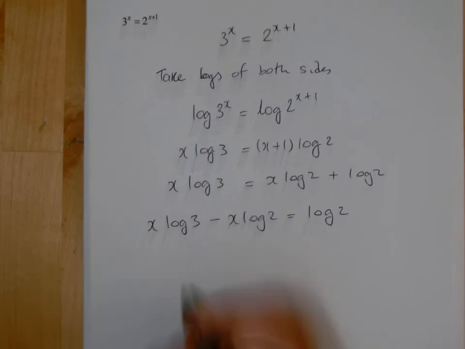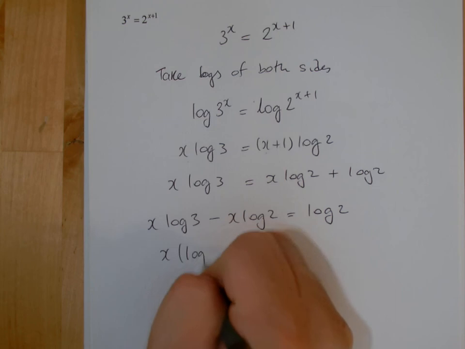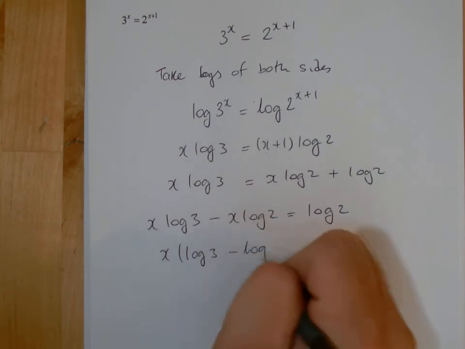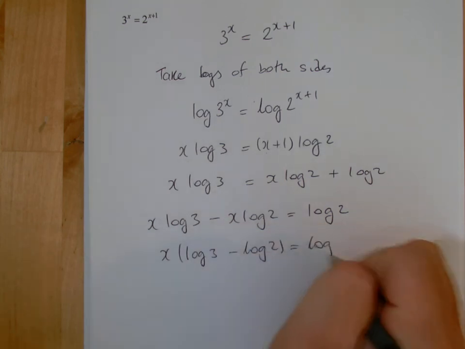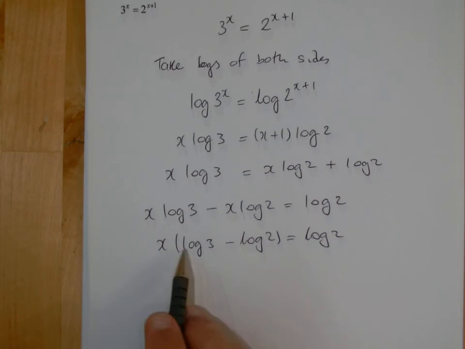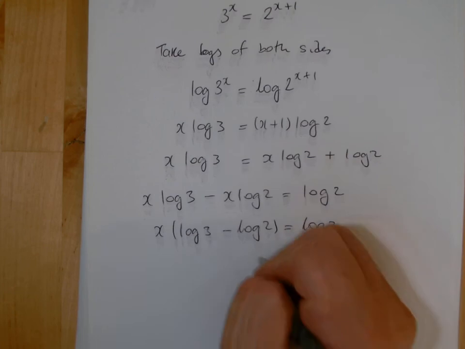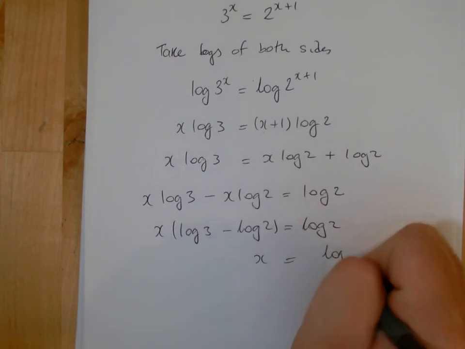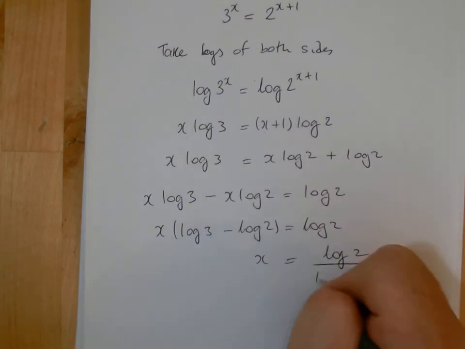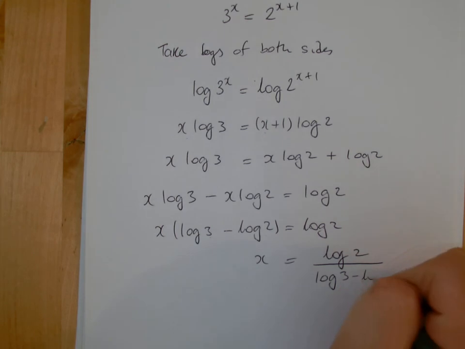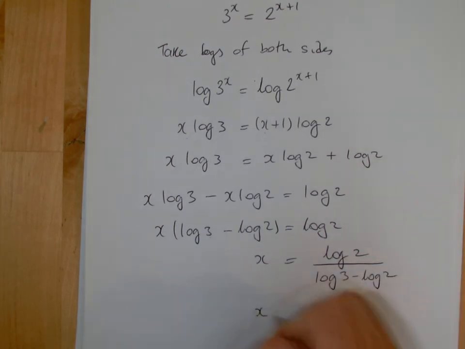Well, you factorize out the x, as so, and to get the x on its own, you take this bracket, because you multiply by x, take it over the other side, divide, so you end up having log 2 divided by log 3 take away log 2.